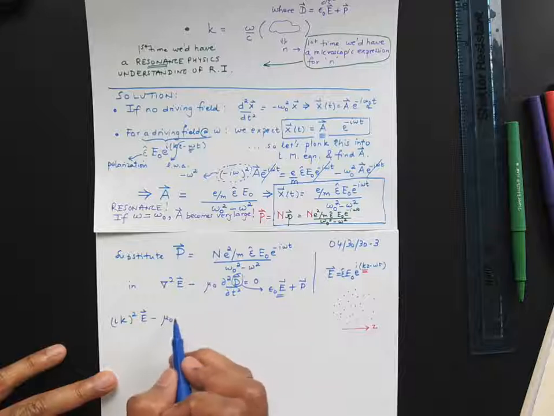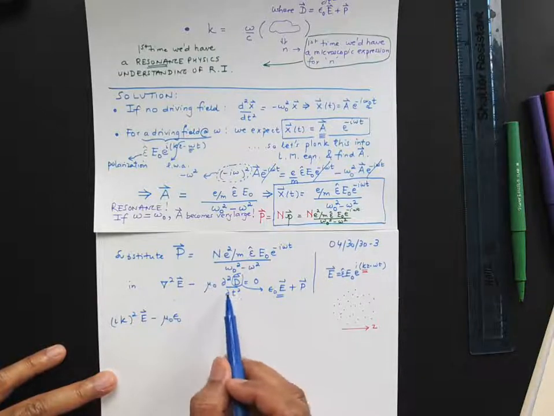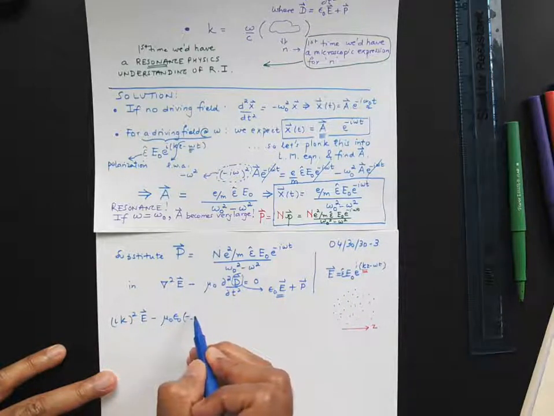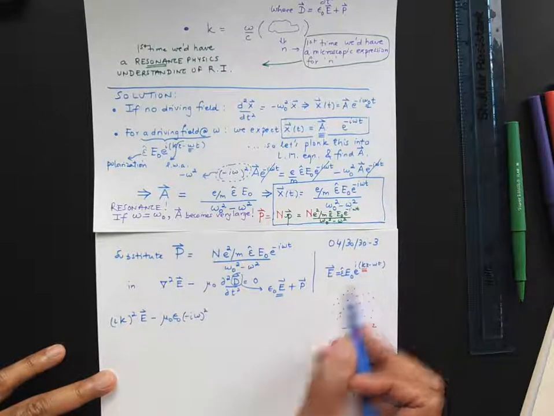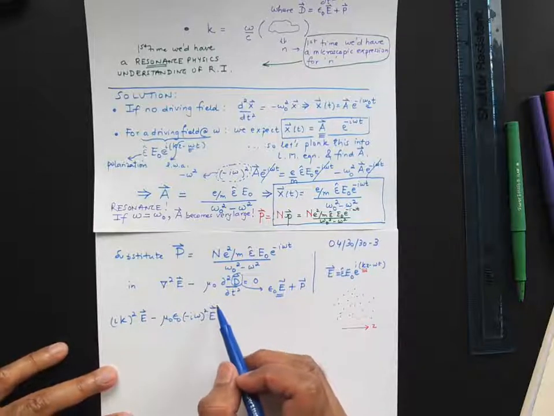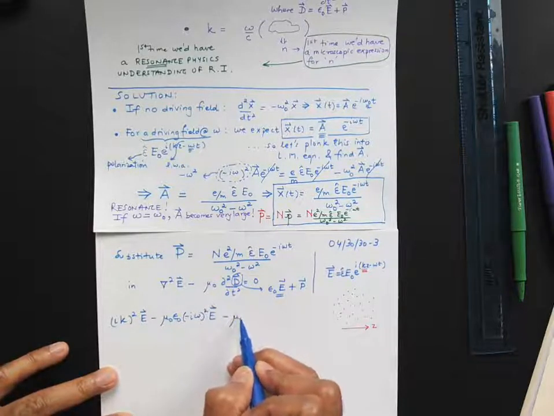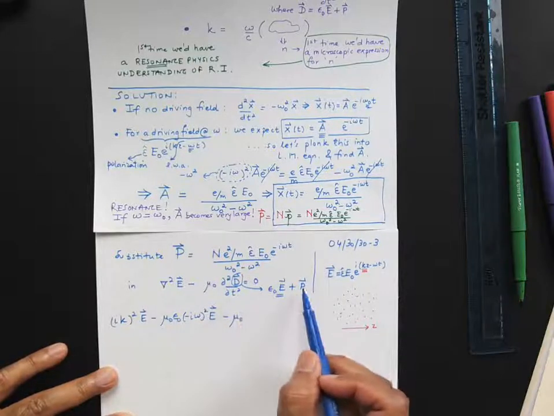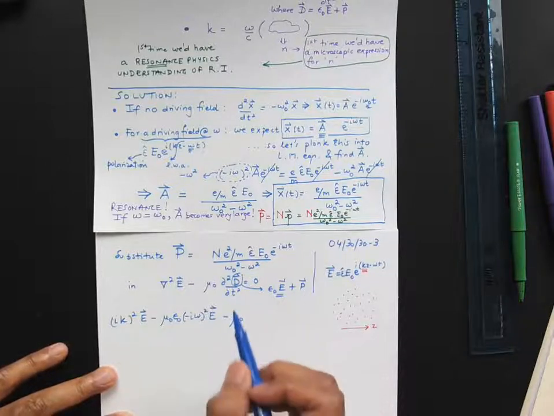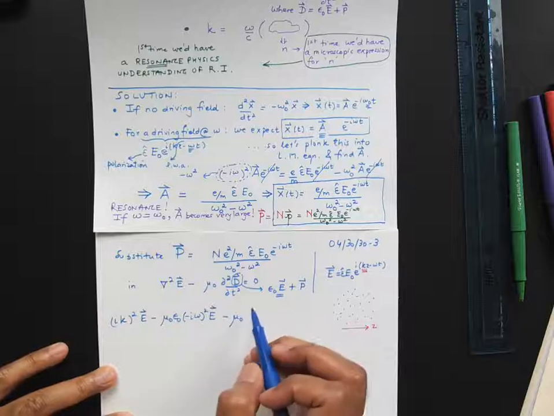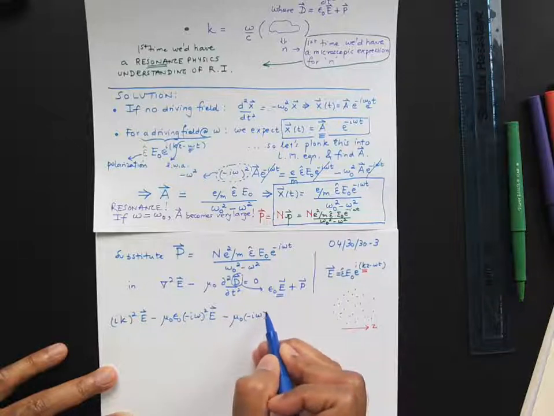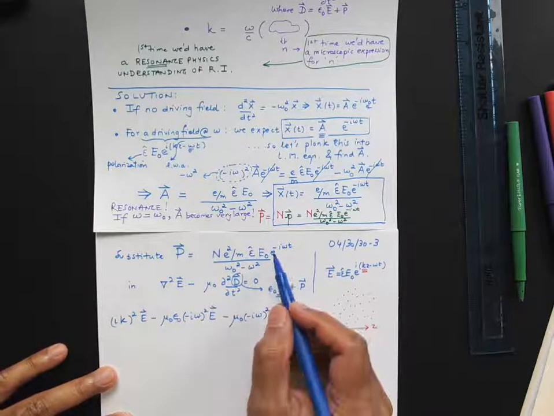So mu naught and epsilon naught, and the double derivative with respect to time of the electric field gives you a minus i omega squared, and then back with the E. And then you have a minus mu naught double derivative with respect to time of the polarization. Now the polarization is given right there. So the double derivative with respect to time gives the minus i omega squared, and then the whole thing repeated again.